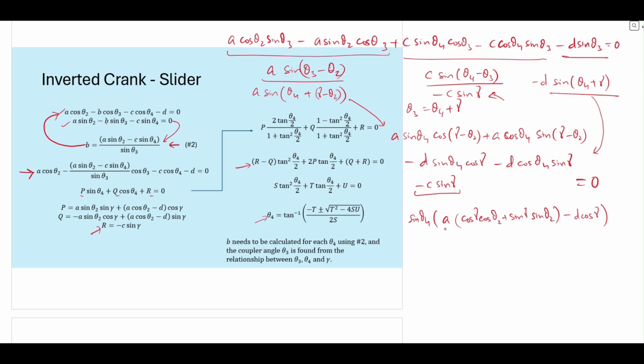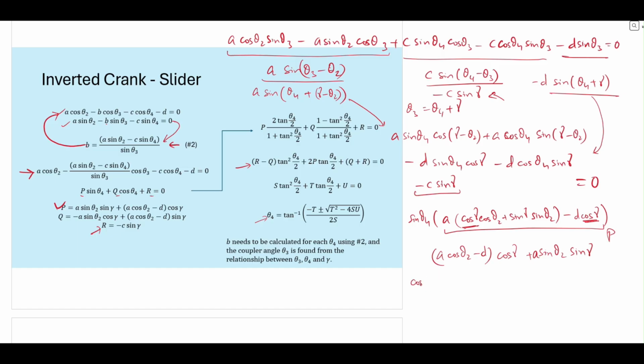So this should be P. You can note by taking now cos gamma common, you get a cos theta 2 minus d cos gamma plus sine theta 2 sine gamma multiplied by a here. That's P. So we got that right.